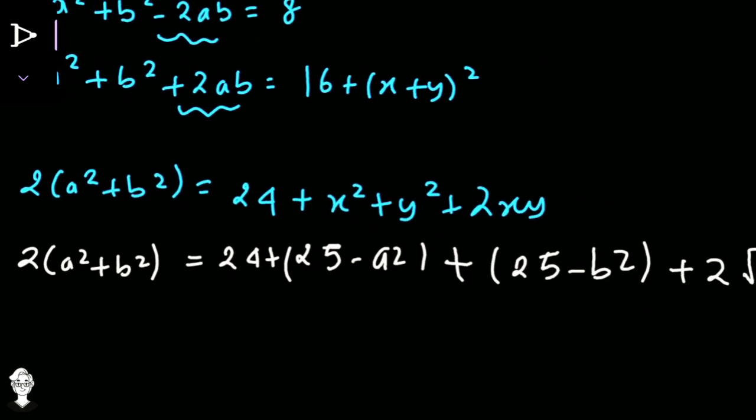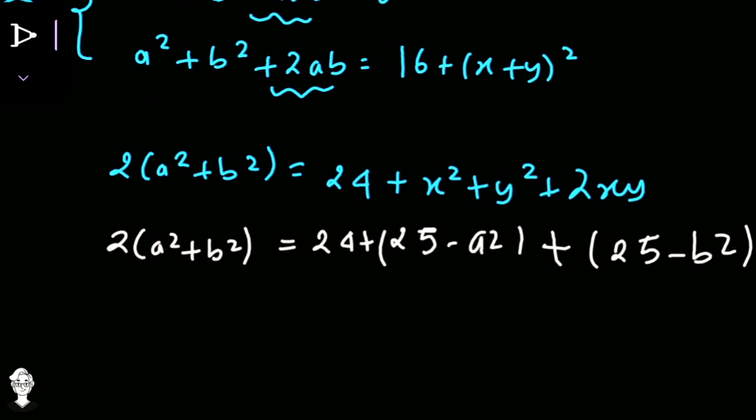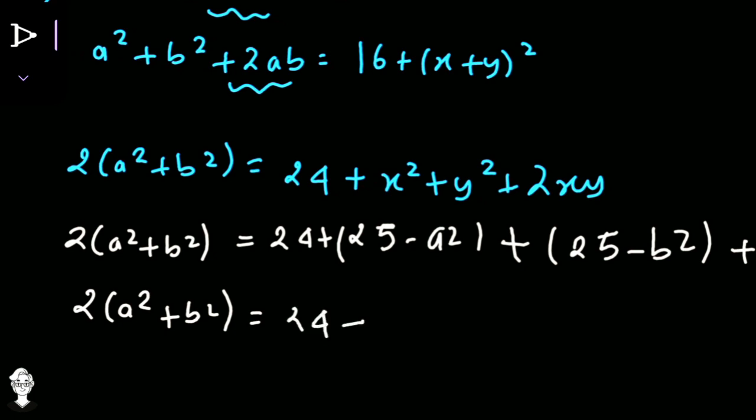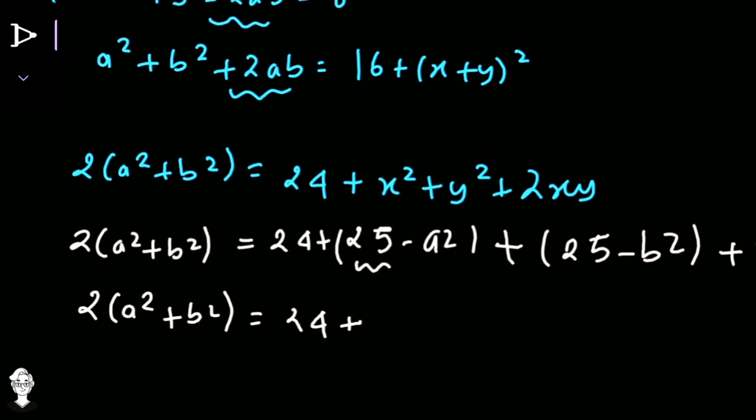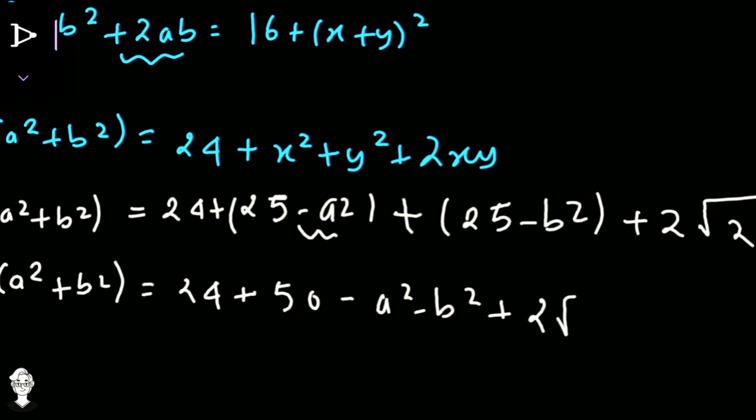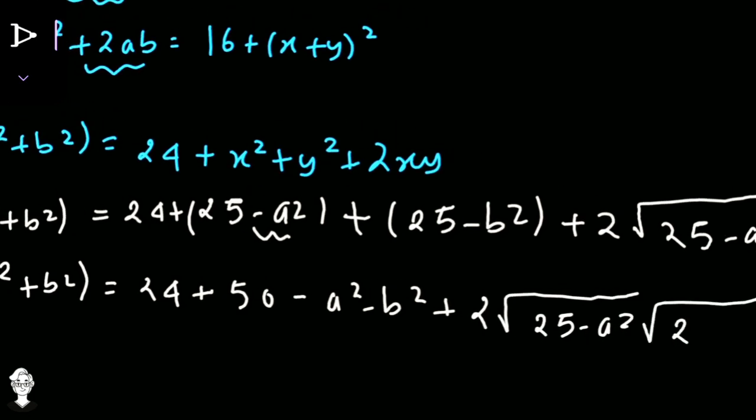Now as normal simplifications: 2 times (a square plus b square) is equal to 24 plus 25 plus 25, that is 50, minus a square minus b square, plus 2 times square root of (25 minus a square) multiplied by (25 minus b square).